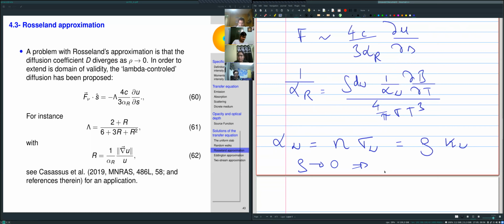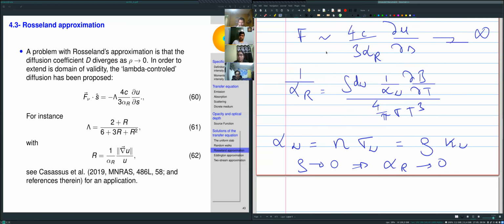So if the density goes to 0, alpha R goes to 0, and this flux goes to infinity. So when we have a medium where the density goes to 0, we have an infinity for the radiation flux.